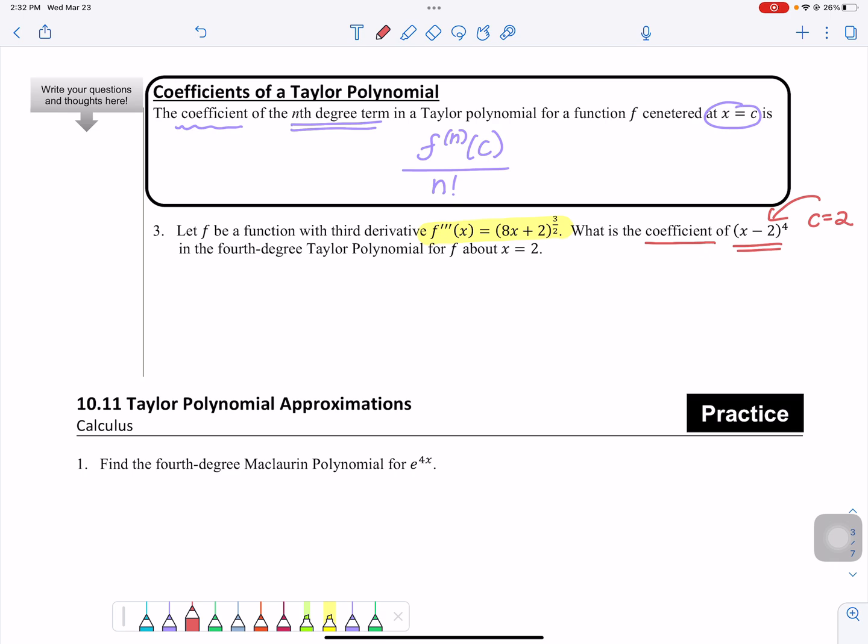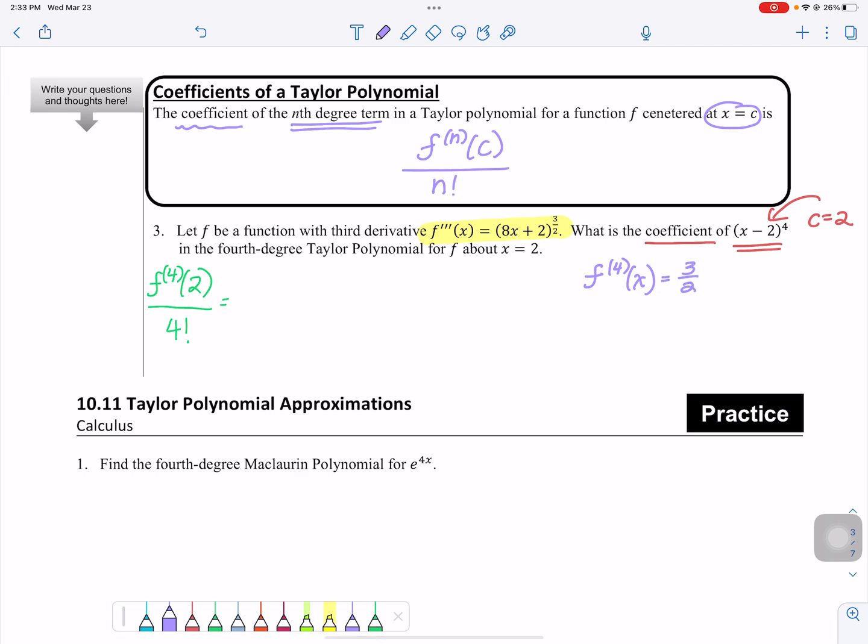Okay, well, as you can see, we are going to need the fourth derivative evaluated at 2 divided by 4 factorial. So we need to go over here and find the fourth derivative.